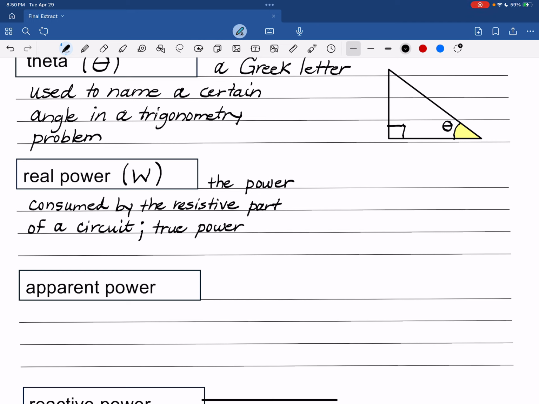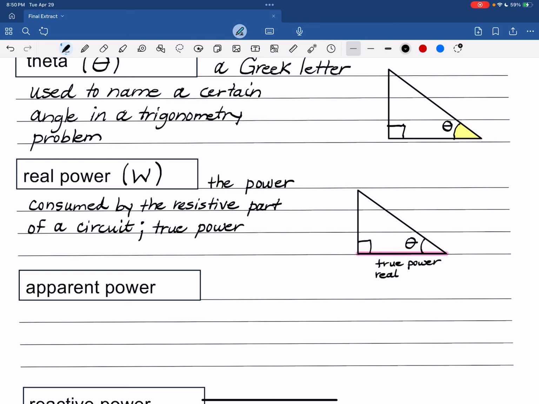Okay, on the power triangle, if you go ahead and draw a right triangle, and I know you don't really know what the power triangle is yet, but bear with me here. If that's the right angle and this is theta, you are going to find true power on the adjacent leg. So true power or real power is down here.